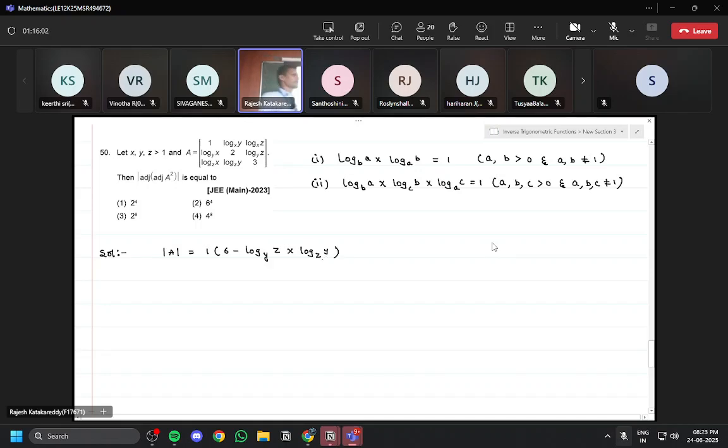Am I clear? Right, next. Minus 1 into log y base x into 3 times log x base y minus log z base y into log x base z.